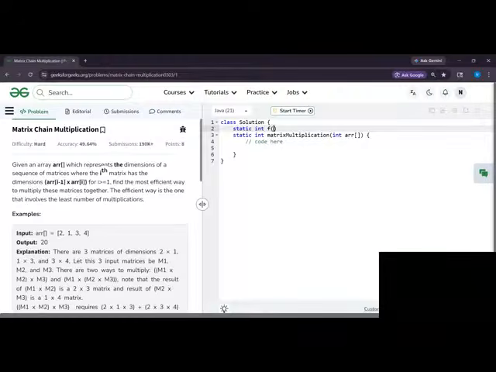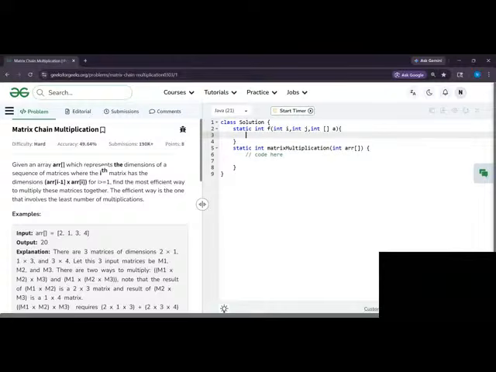I am taking this new method or function name as f, with int I, int j, and the array which they are giving to me. I am taking it as a. In this, I need to pass the array which they are giving to me in the question.